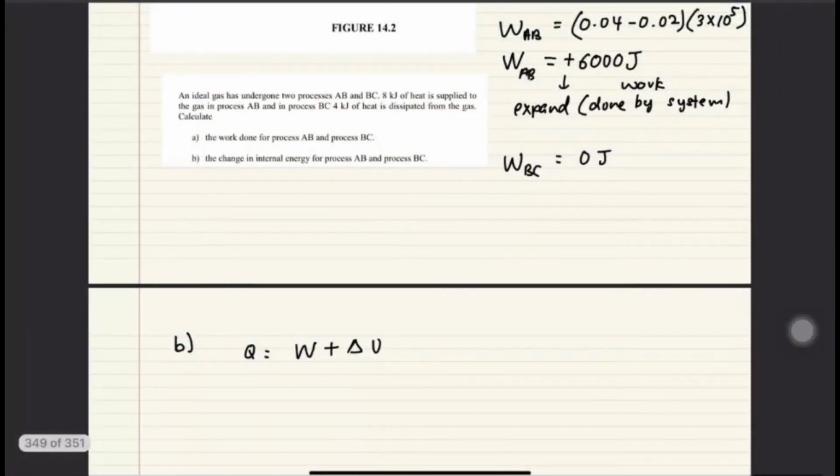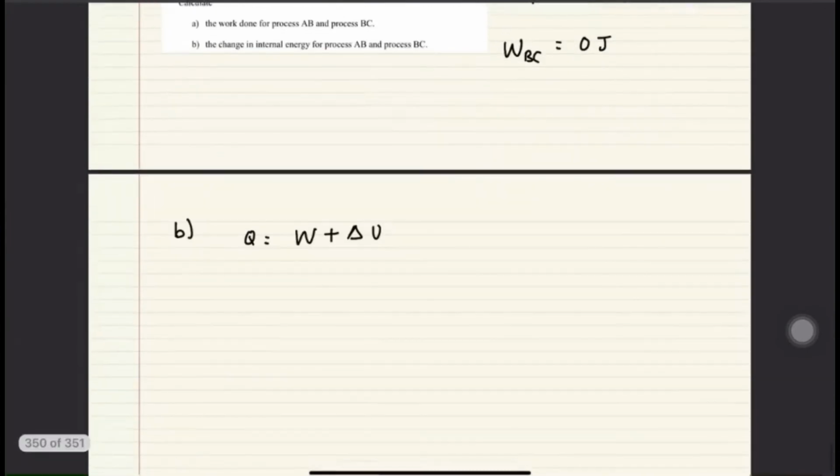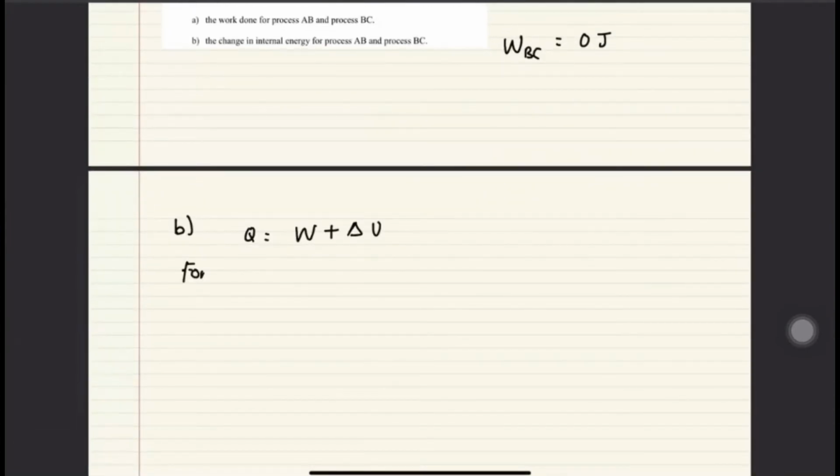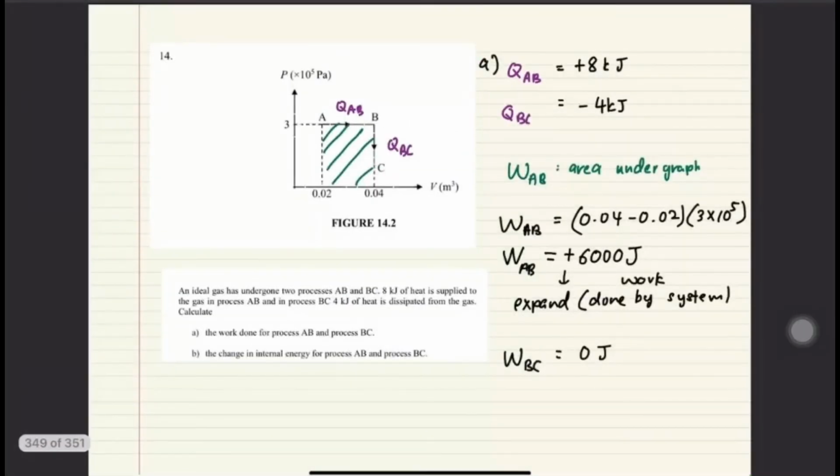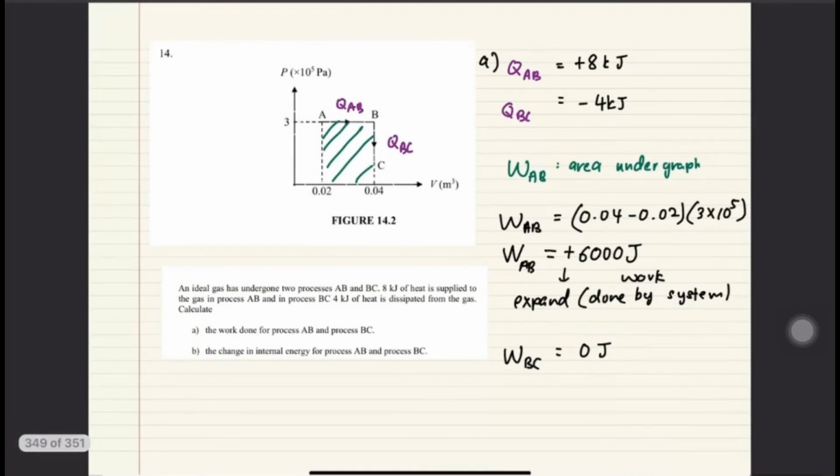He says find ΔU for AB and BC. Also, he likes to calculate separately. So for process A to B, ΔU is equal to Q minus work. And Q was already given earlier. So positive 8,000 joule, we just have to use this one.